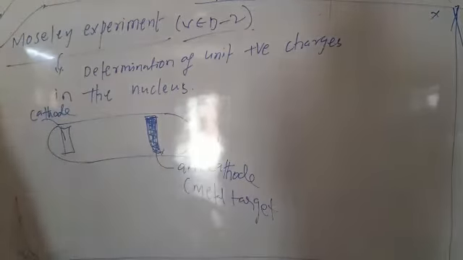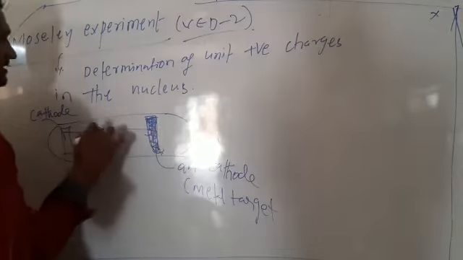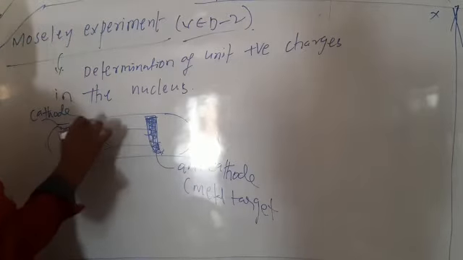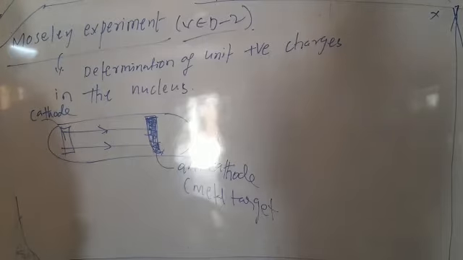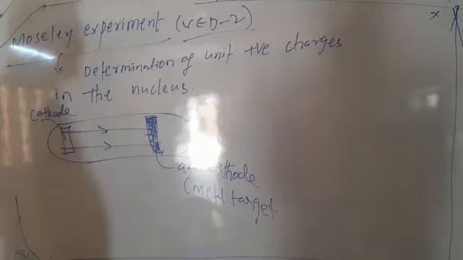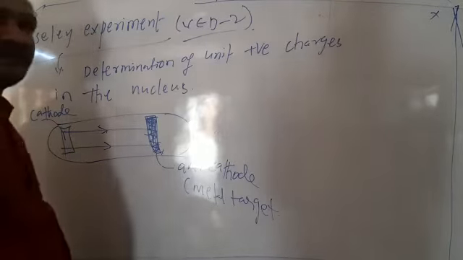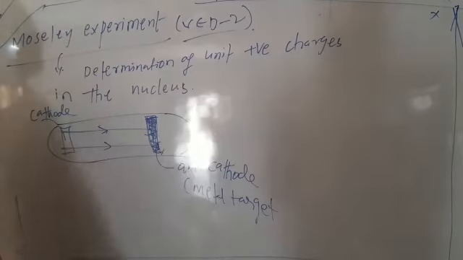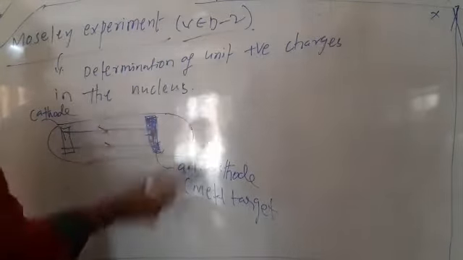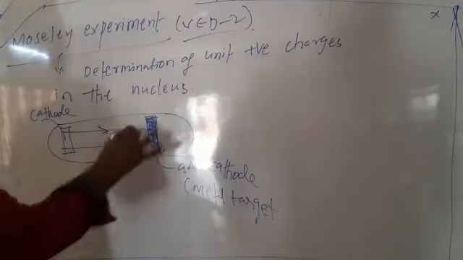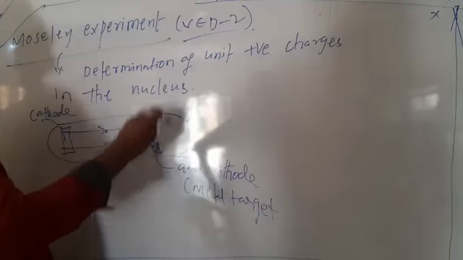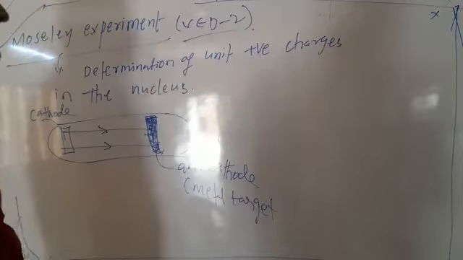So when cathode rays irradiate this metal target, the cathode rays bombard this anti-cathode or metal target. From this metal target, radiation energy is emitted.